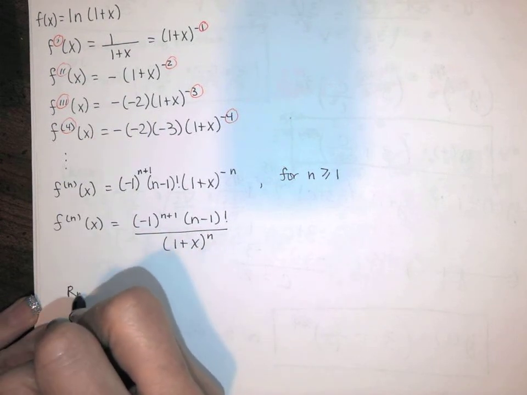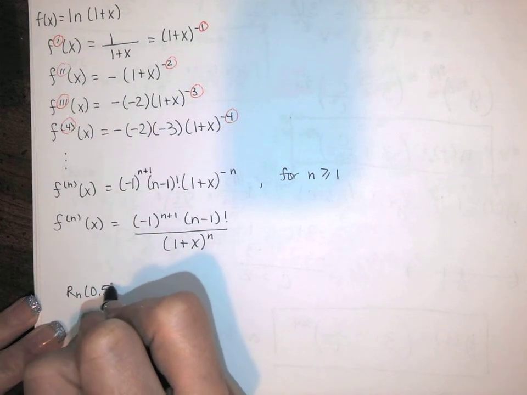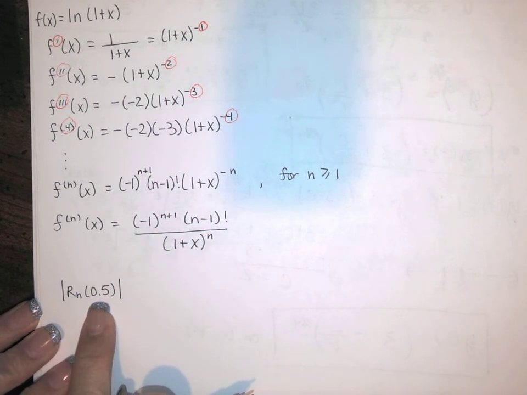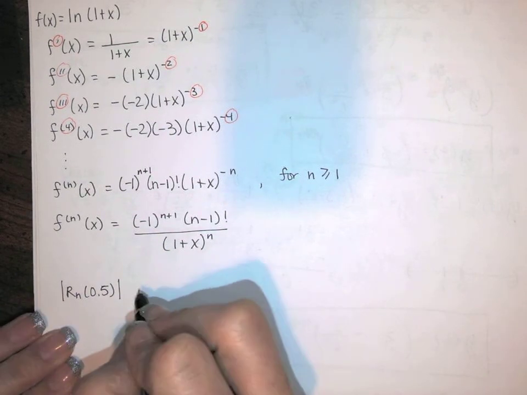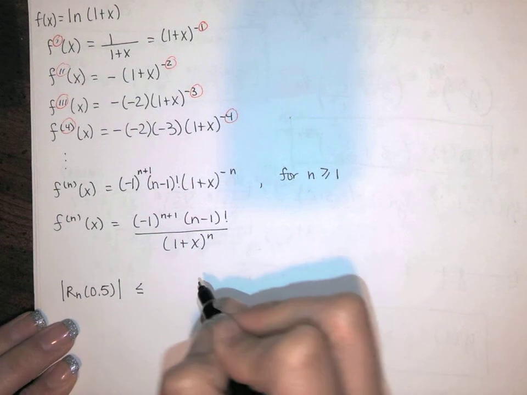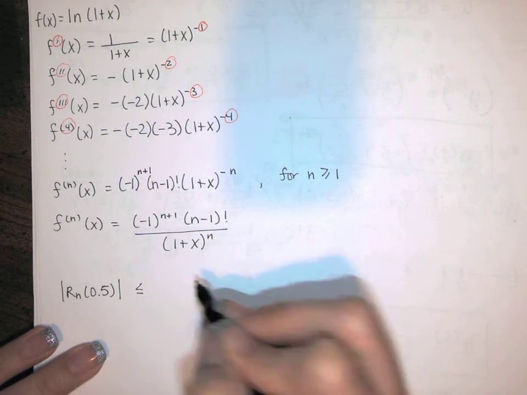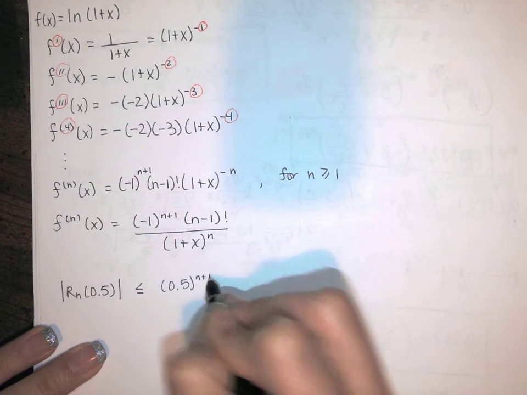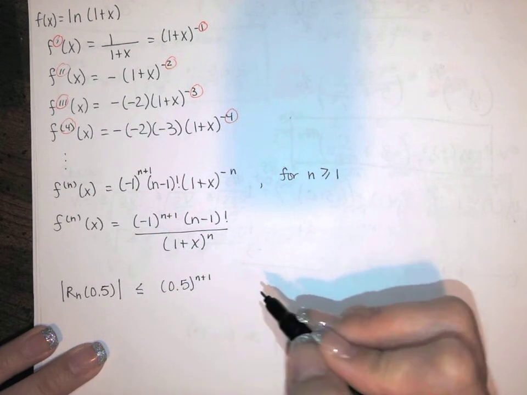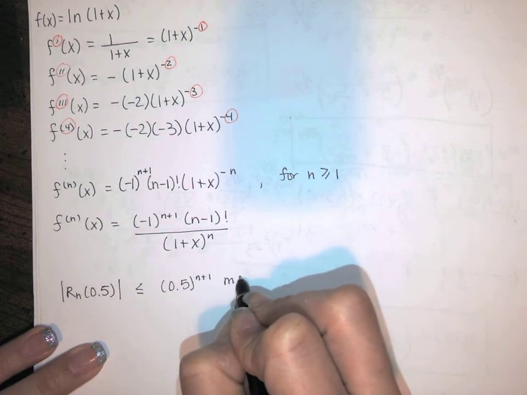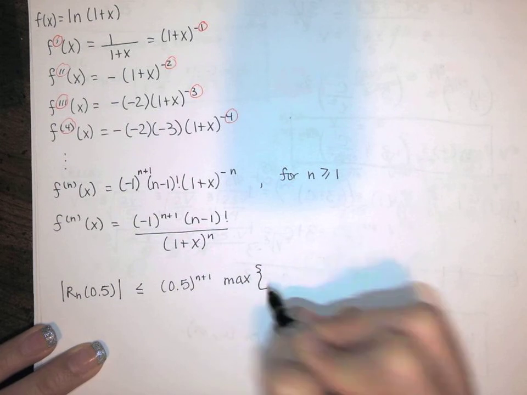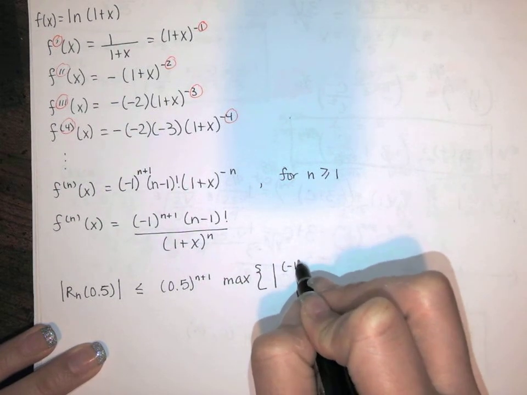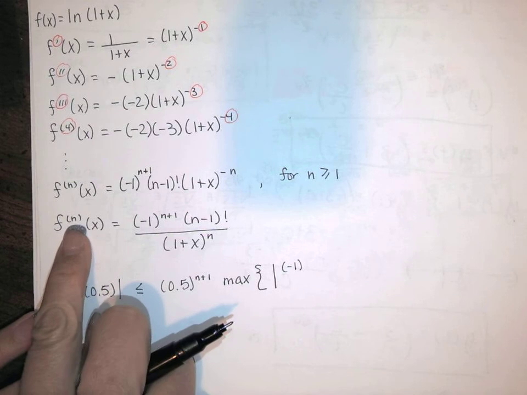So we've got the nth error term evaluated at x equals 0.5. We know that that's less than or equal to 0.5 to the n plus 1, and then the maximum of the absolute value of the n plus 1th derivative.